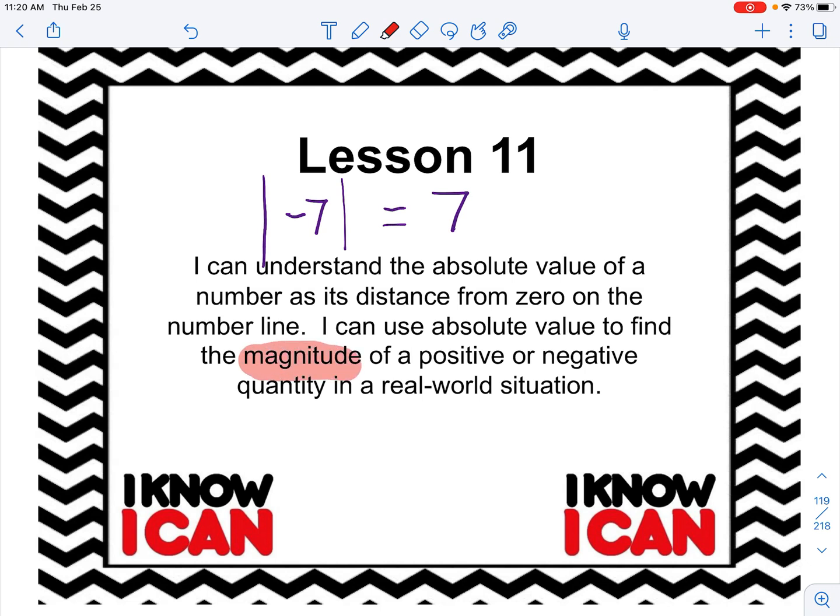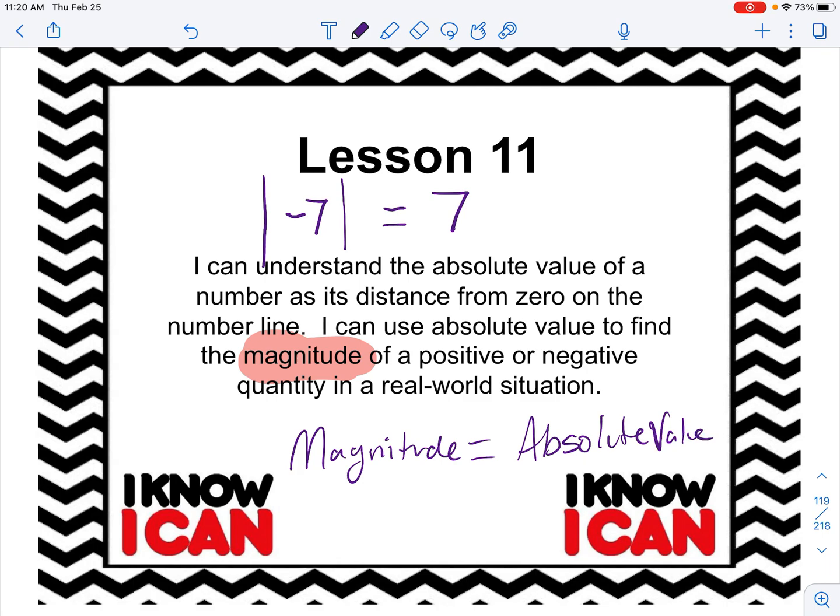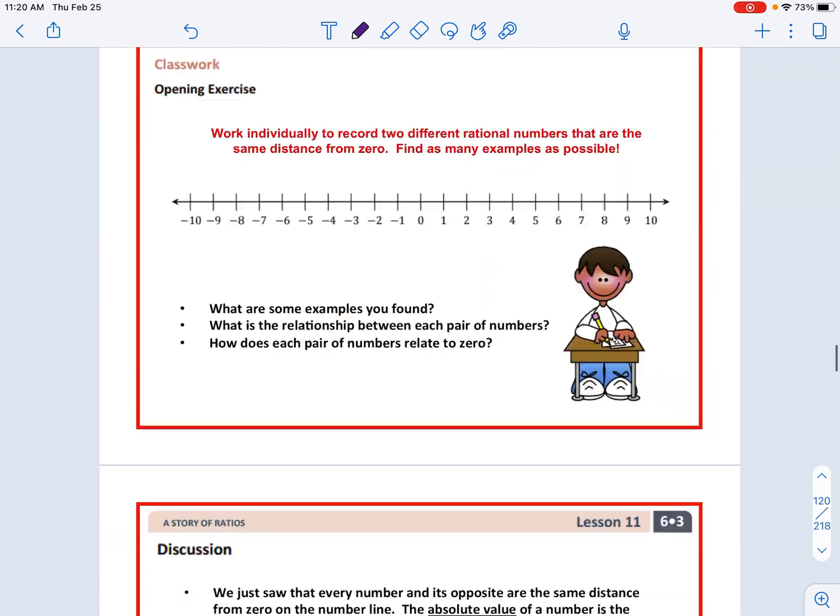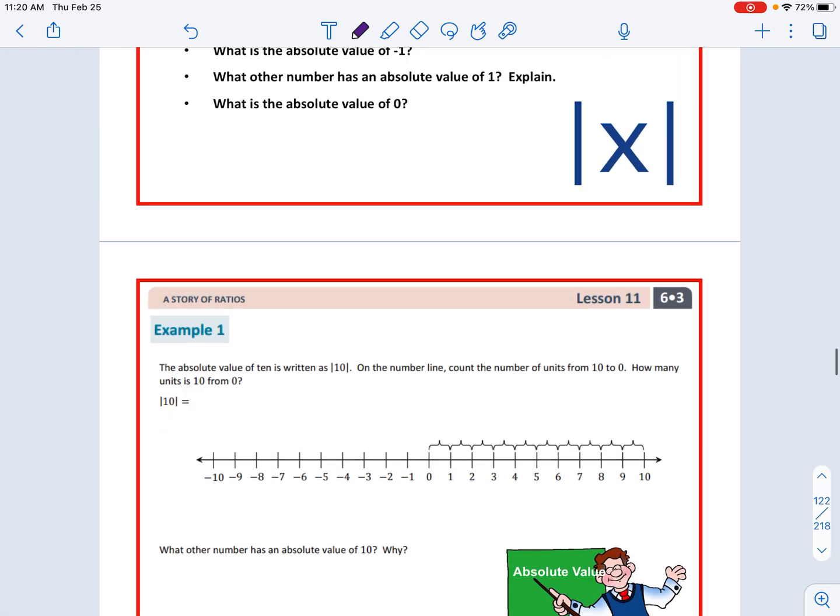Now, the magnitude is just a fancy word for absolute value. So if any question shows you the word magnitude, it just wants you to find the absolute value of a number. Let's go ahead and move on.